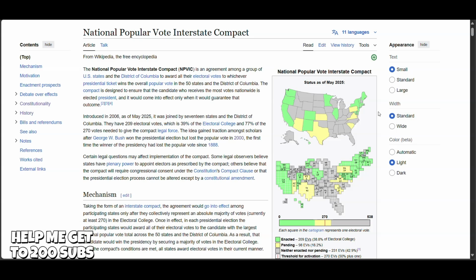So, for example, if this agreement were in effect in the 2016 election when Hillary Clinton won the popular vote but Donald Trump won the Electoral College, Hillary Clinton would become president, because all of the states that agreed to it, let's say at least 270 electoral votes worth of states, would have all cast their electoral votes for Hillary Clinton, regardless of whether Hillary Clinton or Donald Trump won their state.